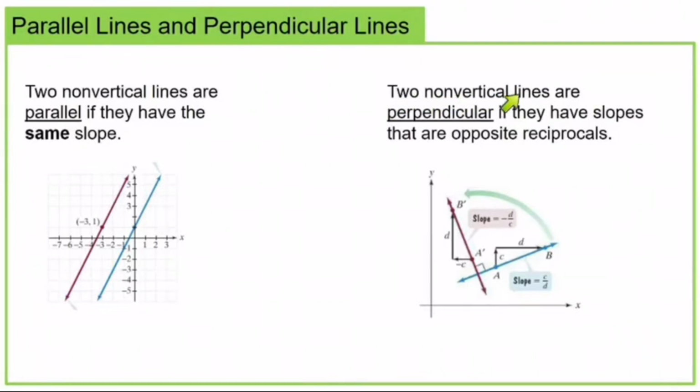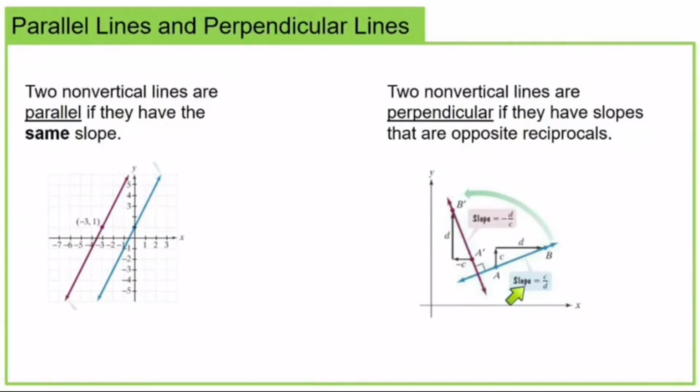Two non-vertical lines are perpendicular if they have slopes that are opposite reciprocals. So remember that slope is rise over run. So this line, this blue one, has a slope of c over d. If we rotate that to the perpendicular position, what used to be the rise becomes the run, and it's backwards. And what used to be the run becomes the rise.